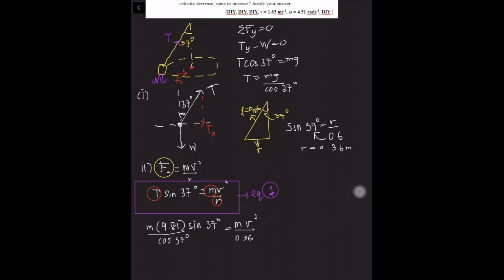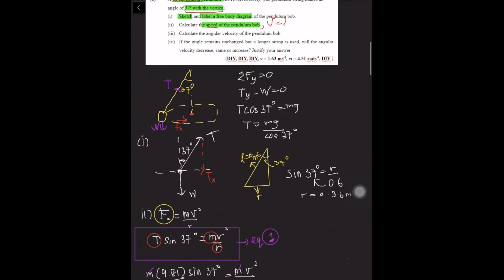By simplifying this equation, m can be cancelled out. By calculating this value, we will get v equal to 1.63 meter per second. This is the same as the suggested answer.